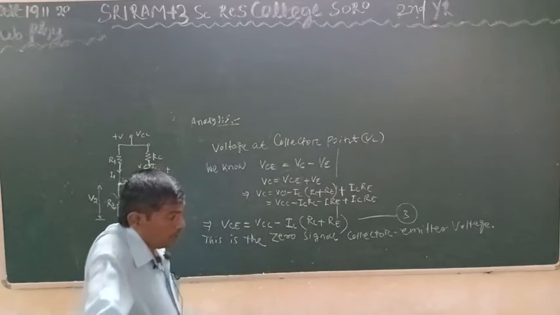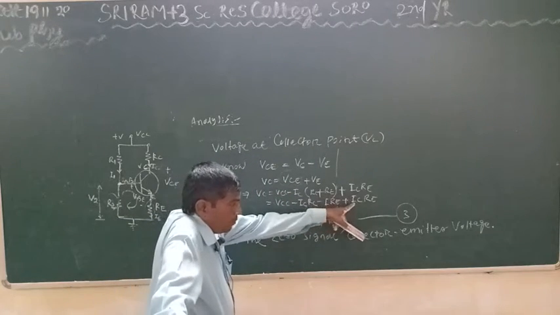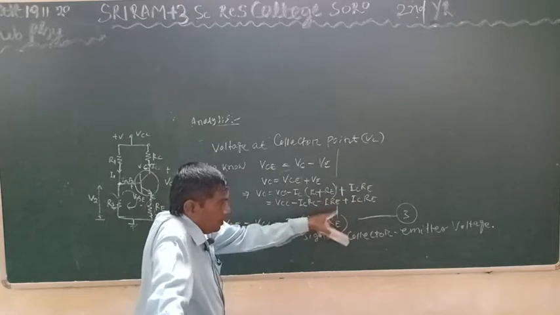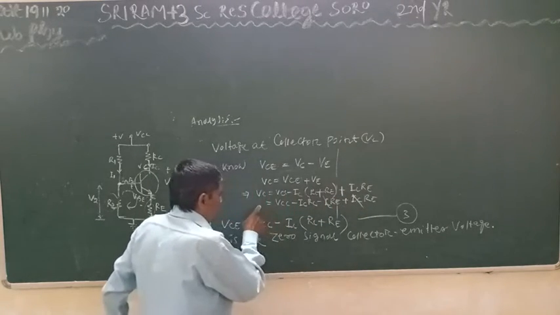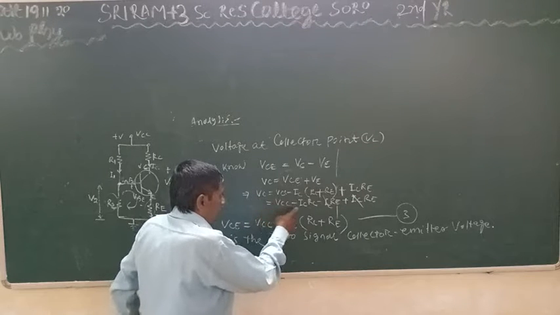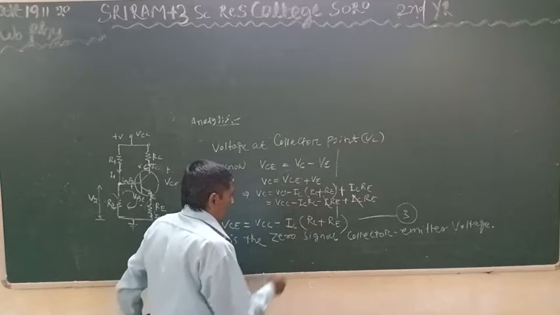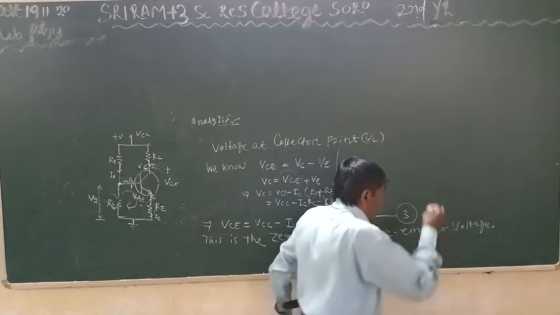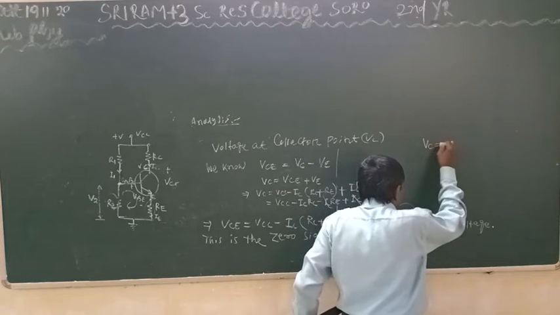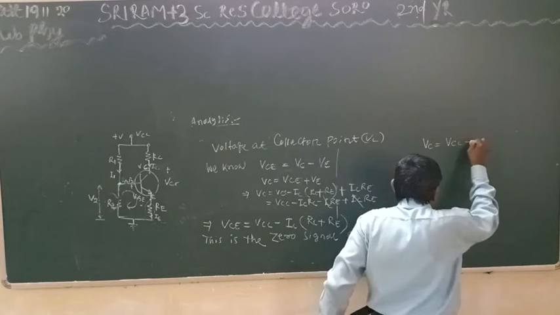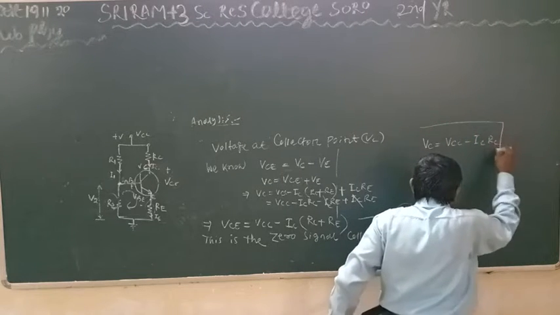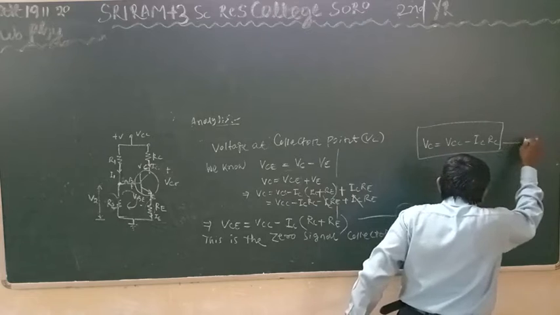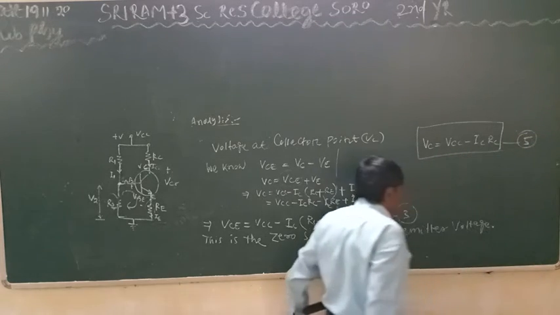Here minus ICRE and plus ICRE cancel out. Then we get VC equal to VCC minus ICRC. This is equation number 5.